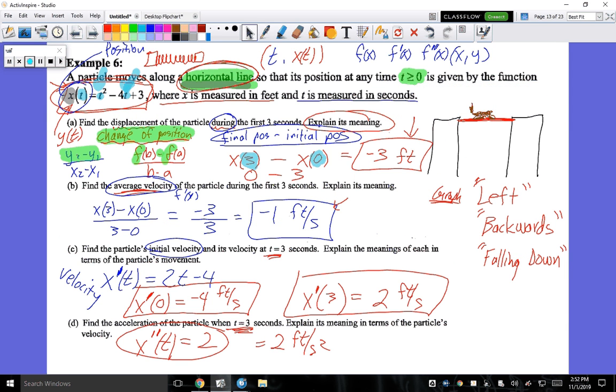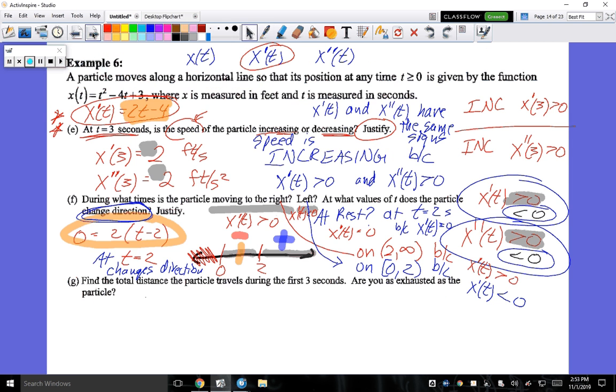It had positive, it stopped for a little, and then it had more positive. It didn't change directions. It's because x prime of t changes signs. So it changes directions because x prime of t changes signs. And yes, you could say what Arjun said, from negative to positive, but you don't have to be that descriptive yet. For other stuff coming, you do, but not for this one.